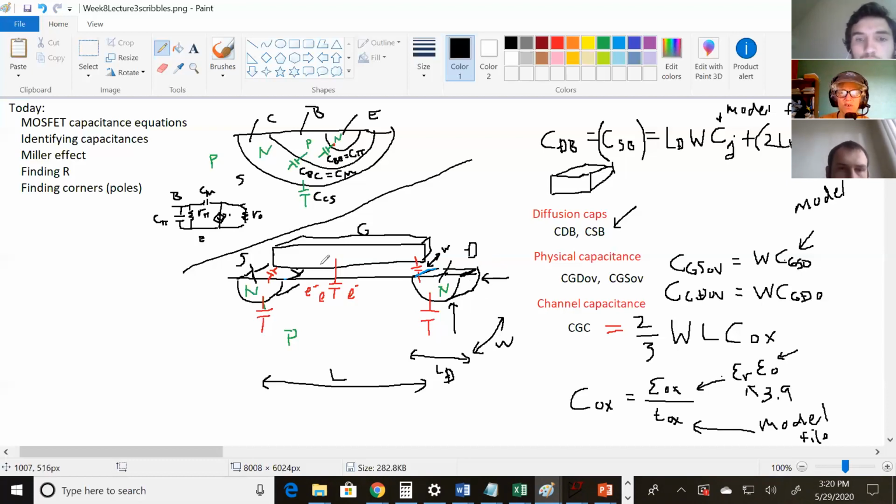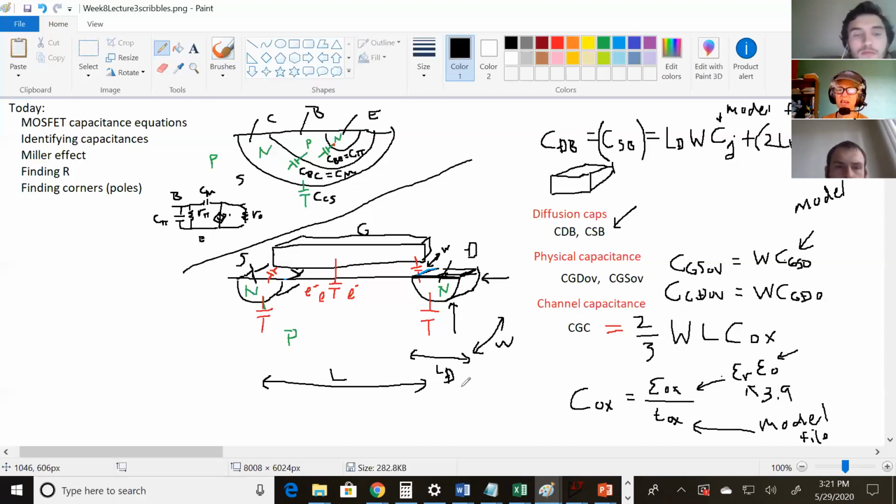But if you notice the length of the gate right here, it's not the same size as the length of the drain. So the length of the drain is across here. That length is not the same length as the gate. So the width of the source and the width of the drain are the same as the gate. But the gate length and the source length or drain length, those aren't equal.